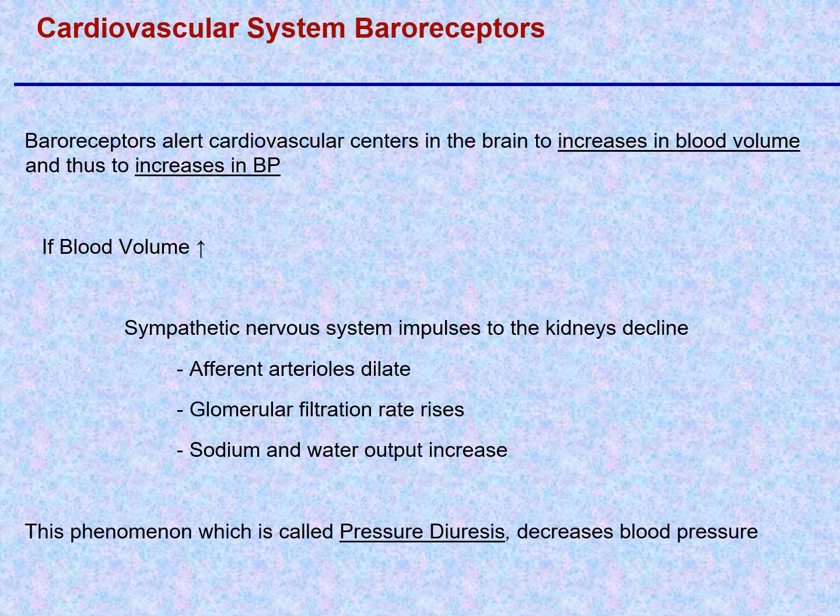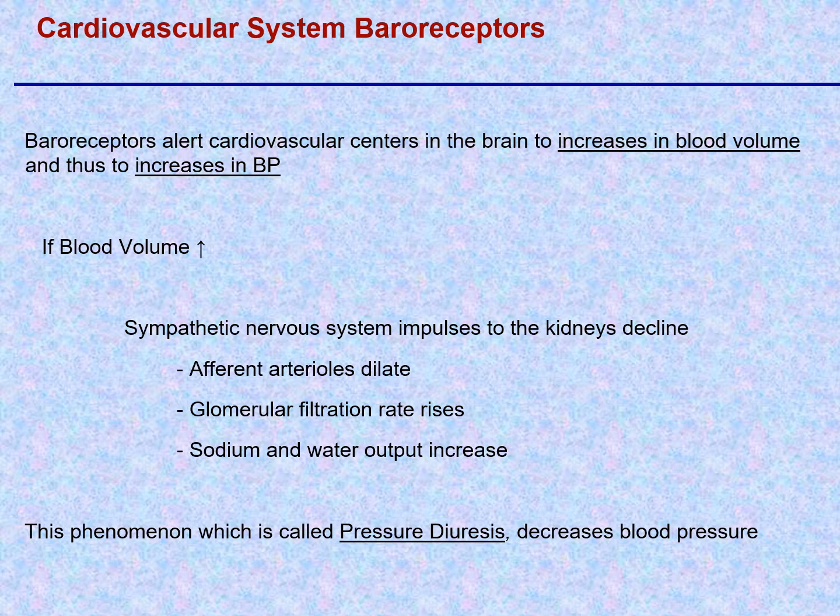There are cardiovascular baroreceptors, as you know, in the aorta. You have the aortic bodies, and they have baroreceptors in them, and you also have, in the coronary arteries, the carotid bodies.